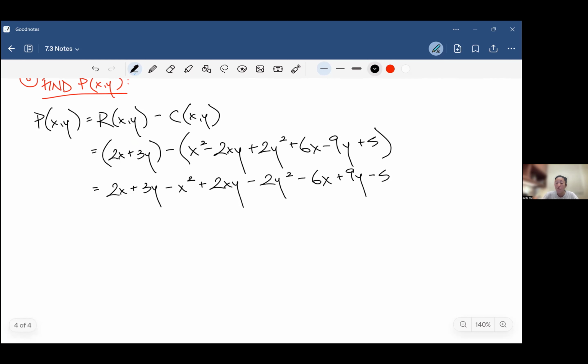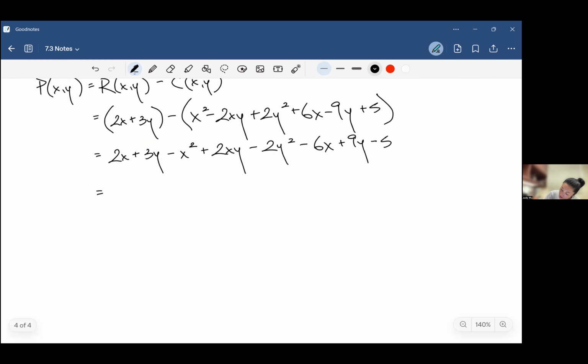Now, I'm just going to take a moment and see if there's any like terms that I can combine, and I'm going to move the terms that have the higher powers to the front, okay? So I notice I have a negative x squared. That's the only one of that type. And then a negative 2y squared, right? So these ones are good.